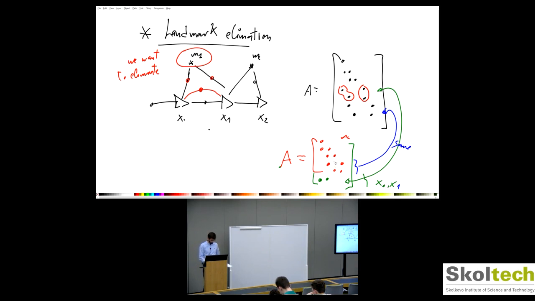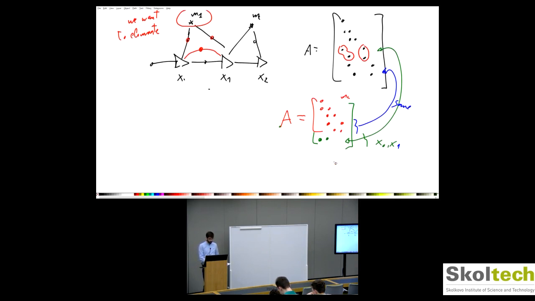Okay, so we can keep going and doing this another time. Now we are going to eliminate M2. If we eliminate M2, we can have something like this. At this point, don't worry about what exactly these new factors that we are creating are.